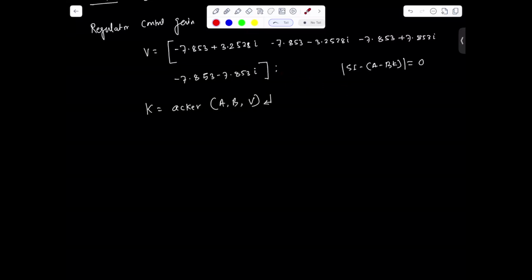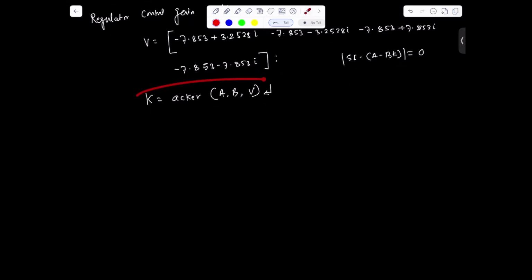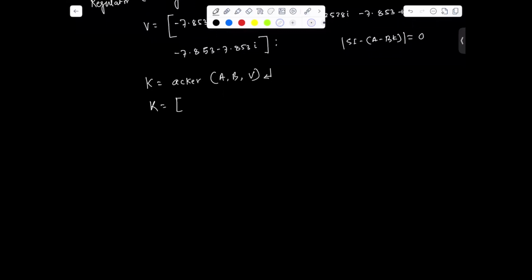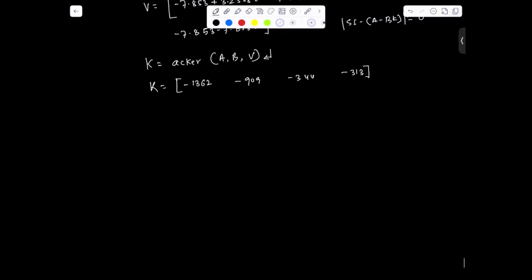From V we get a characteristic equation, because the order of the system is 4, with four poles. Comparing both equations, we can find the unknown vector K, or you can use the MATLAB command, which will give K. K is found to be minus 1362, minus 909, minus 344, minus 313, the control gain matrix for the regulator.